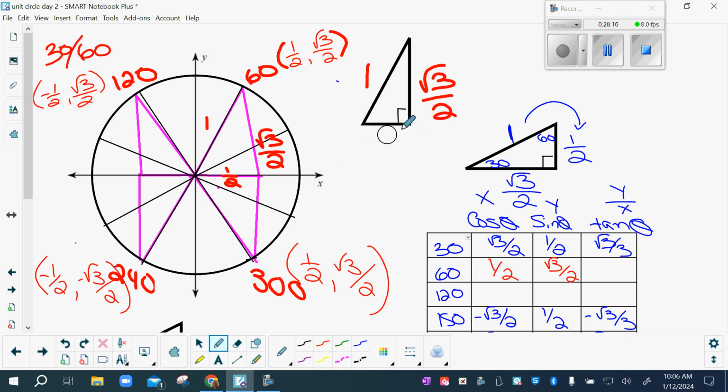It is √3/2 over 1/2. I'm going to cancel the 2's. It's just √3/1, so just √3.